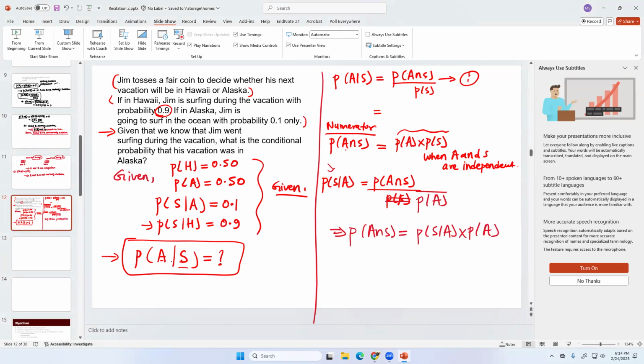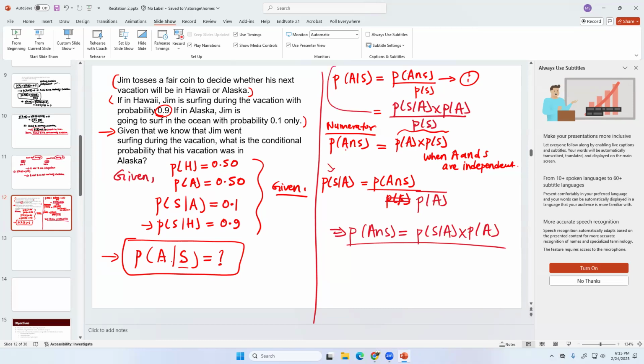Can I use this? Yes, because S given A is given to me, and the probability of A is also given to me. Now you replace this in equation 1. What do you get? The probability of S given A times the probability of A divided by the probability of S.